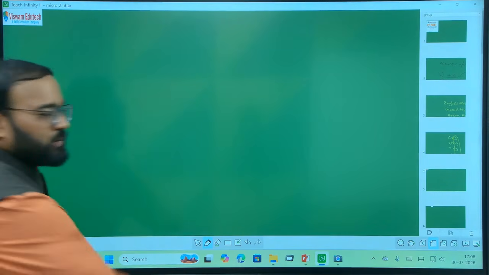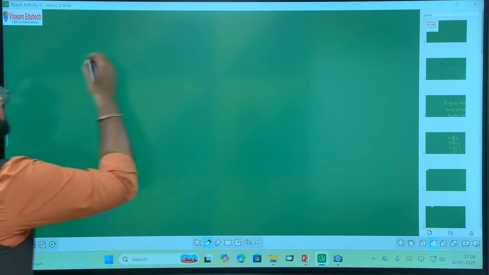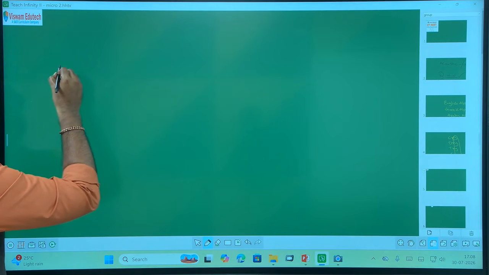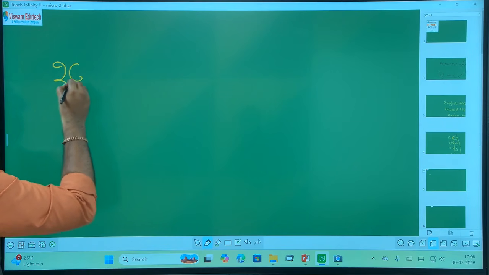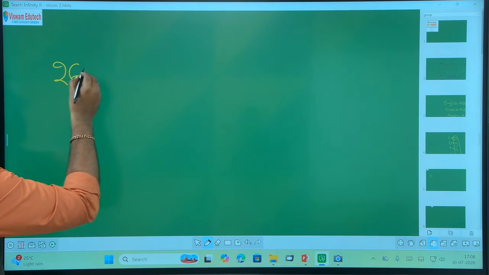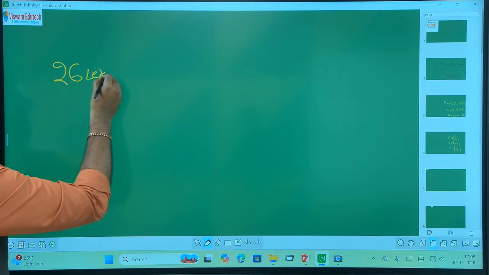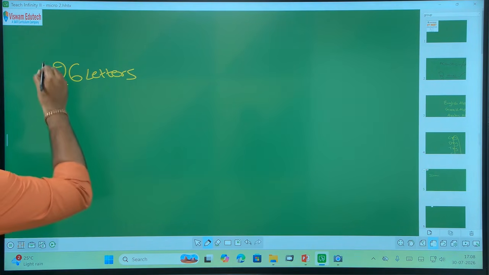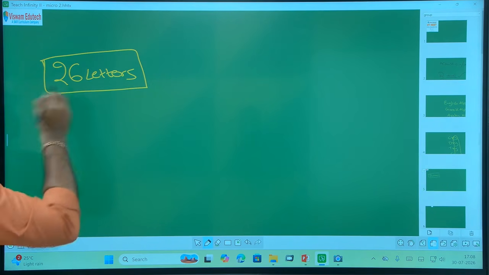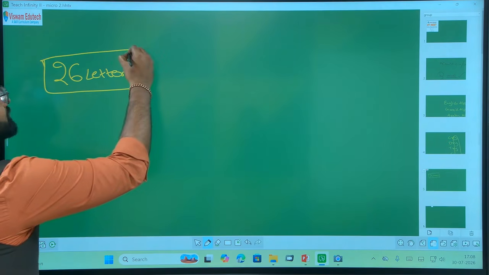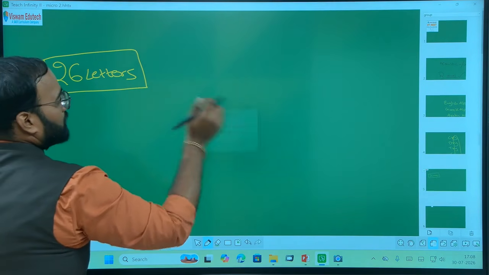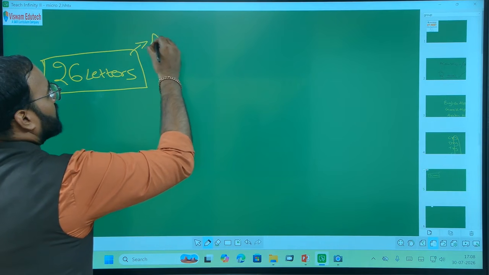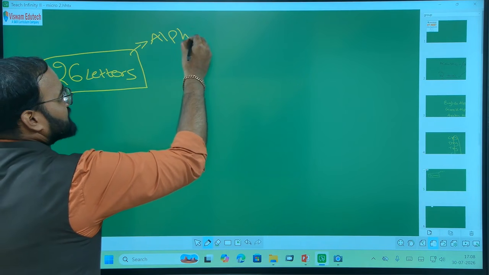So let us have a clear picture. Let me write it on the board. We have 26 letters, right? These 26 letters together are called the alphabet.